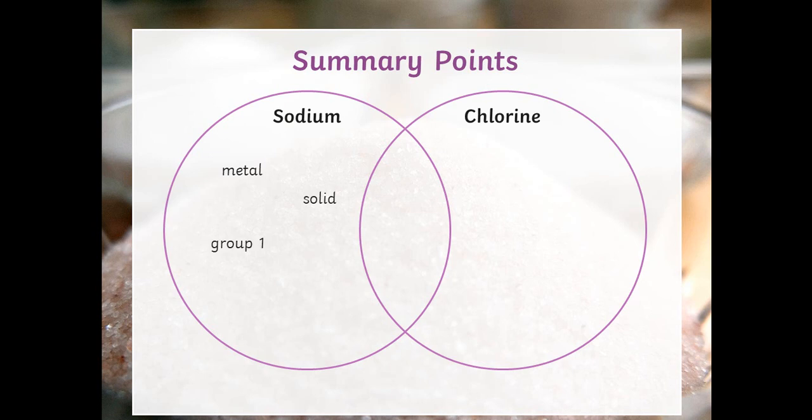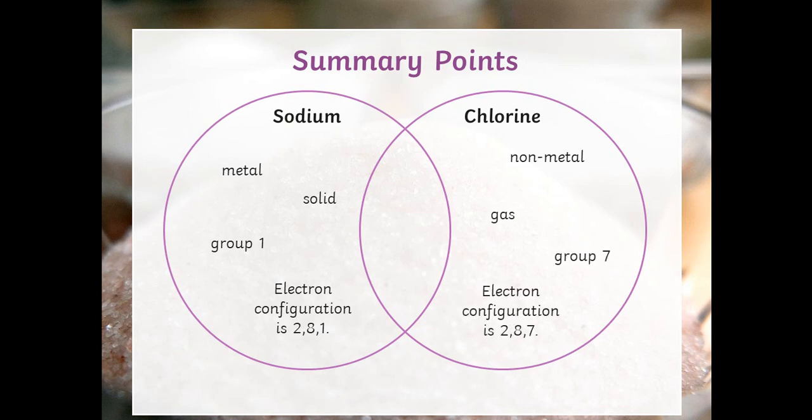It belongs to group 1, and the electronic configuration of sodium is 2,8,1. Whereas chlorine is a non-metal, it is gaseous in state, it belongs to group 7 and has an electronic configuration of 2,8,7. But both are elements on the periodic table. This is the similarity.